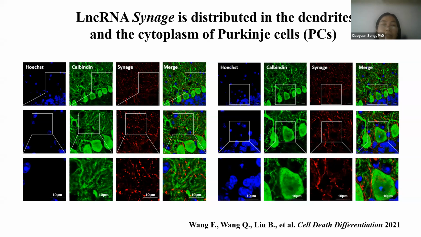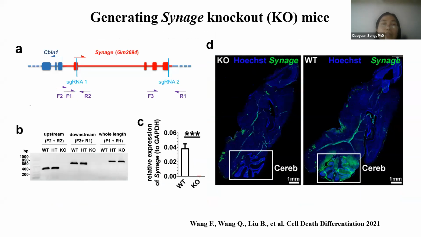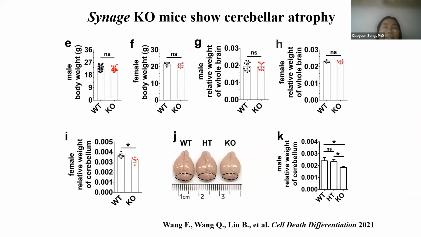Next, we generated Synage knockout mice by the CRISPR-Cas9 system, and both RT-qPCR and RNA FISH show that Synage is depleted from the cerebellum of the knockout mice. And these Synage knockout mice show cerebellar atrophy.